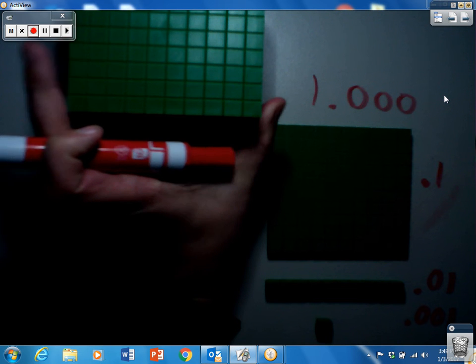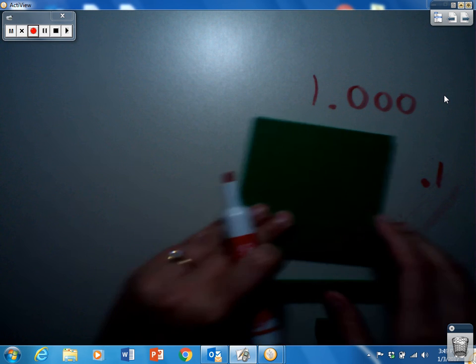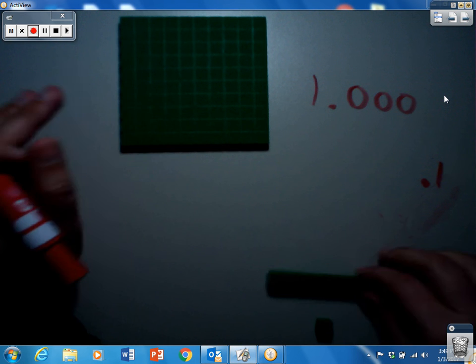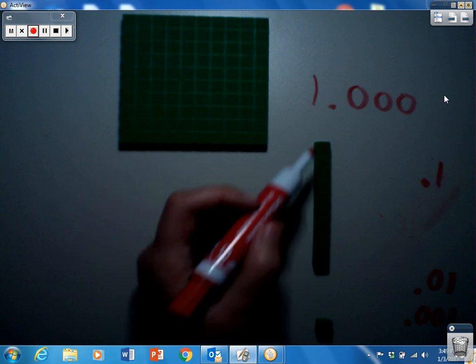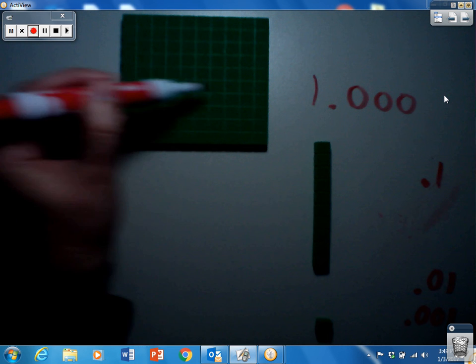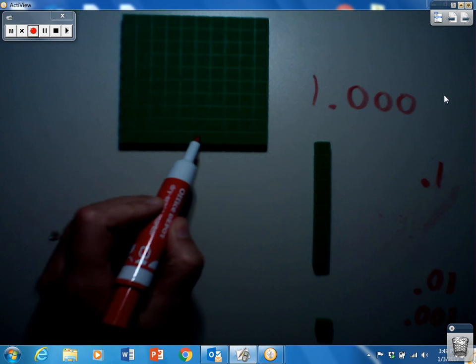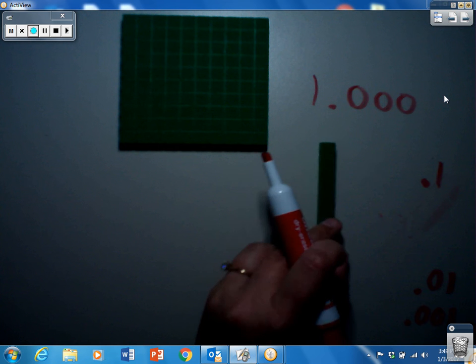Now, what if I were to tell you that the flat is now our whole thing? How much would this be worth? How many of these are there in my flat? 1, 2, 3, 4, 5, 6, 7, 8, 9, 10. So there are 10 longs in my flat.